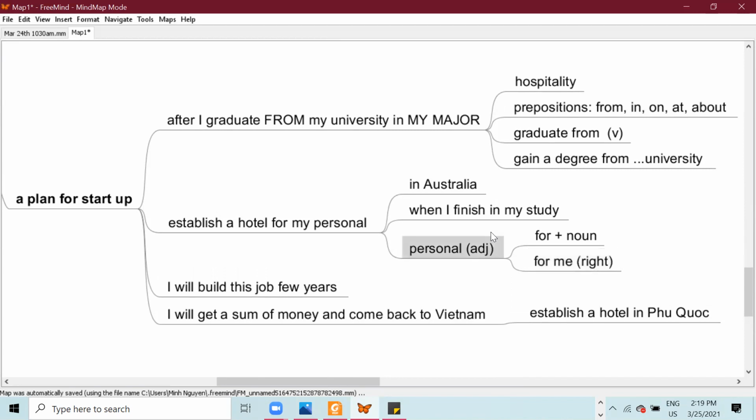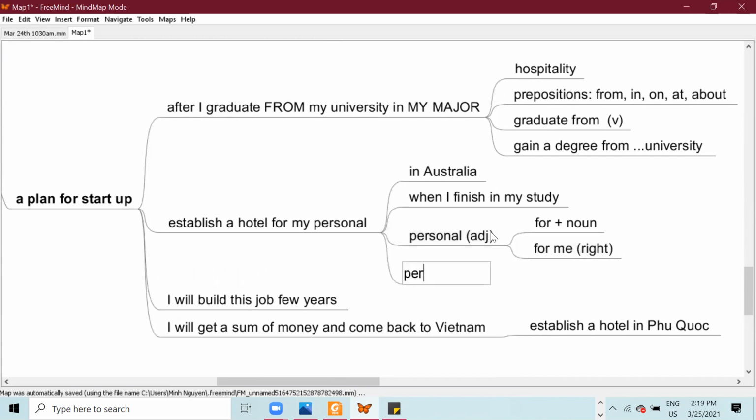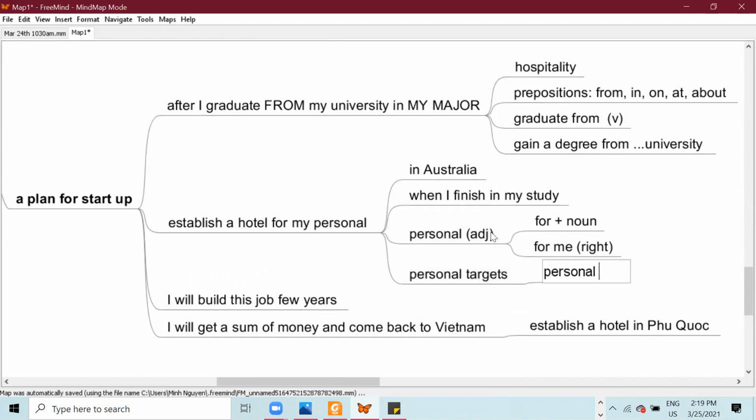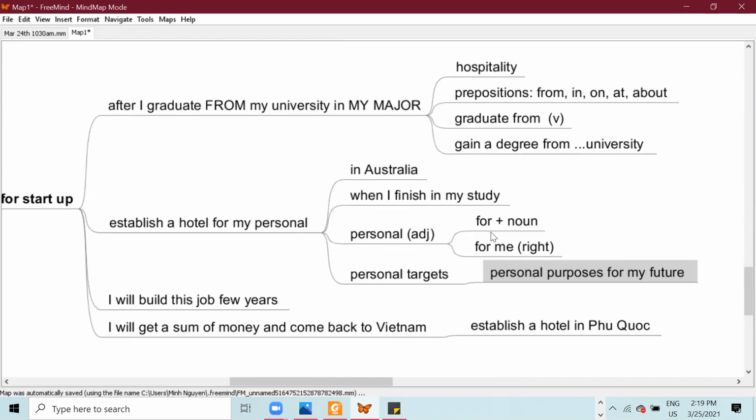And personal, you can say I have some personal targets, or some personal purposes for my future. So this is the way you talk about your near future. I want to establish a hotel for my personal targets. Or I want to establish a hotel to achieve or to accomplish my personal targets.